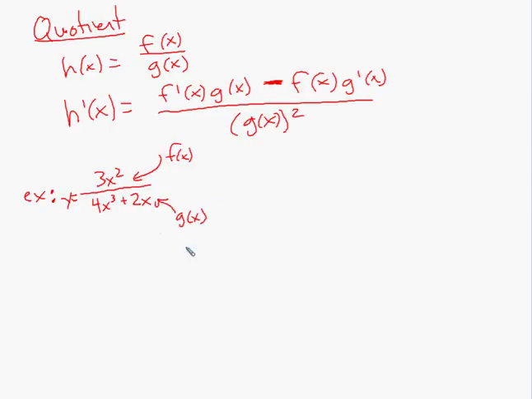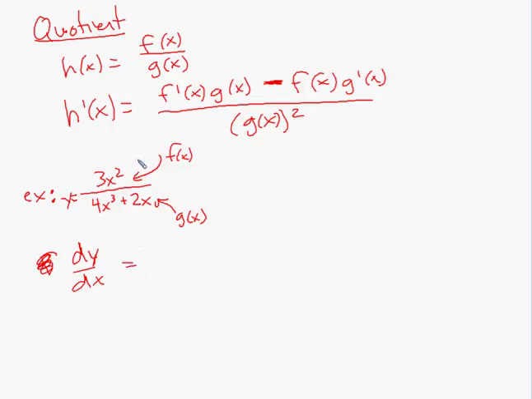So the whole top, the whole bottom. If I want the derivative of this, dy dx, just understand what this means. This means the derivative of function y with respect to the variable x. That's what that means. So rate of change.